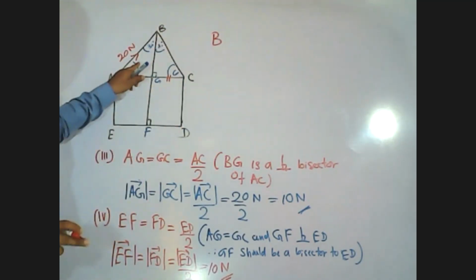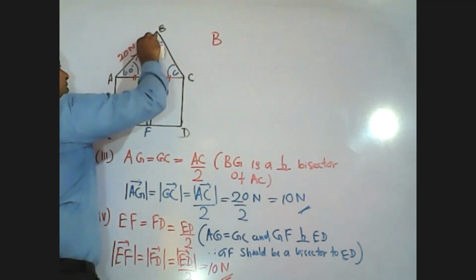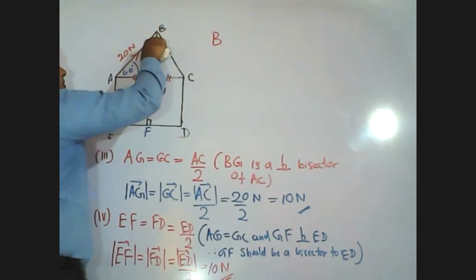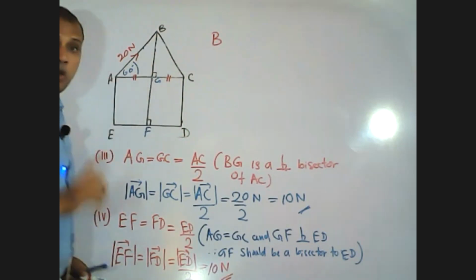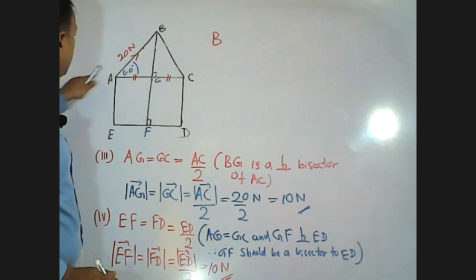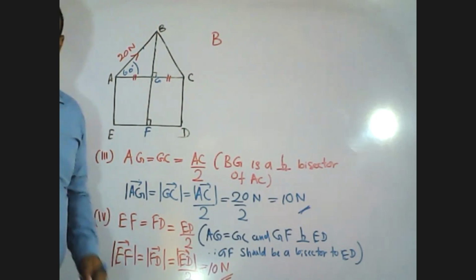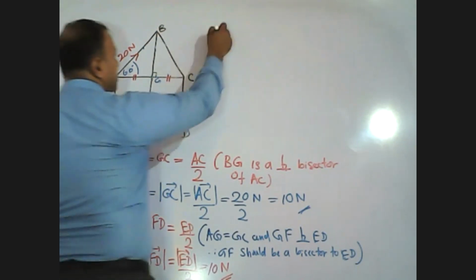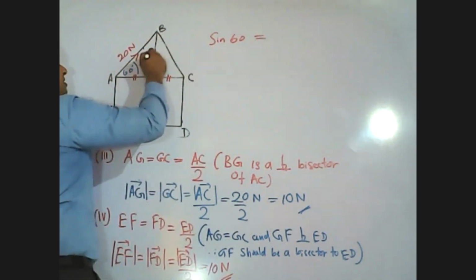If I consider sine 60, don't write every angle, otherwise it will be confusing. So I'm considering only this angle. BG over 20 Newton is equal to sine 60, opposite side over hypotenuse.